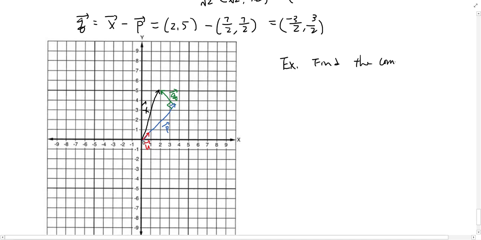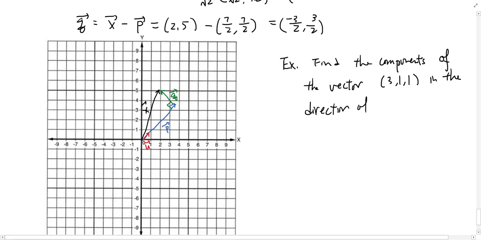Find the component of the vector (3, 1, 1) in the direction of (4, 1, 0). Notice that I did not label these two vectors for you, so you'll have to read the problem and understand which one is vector x and which one is vector u, so that you can set up your problem.